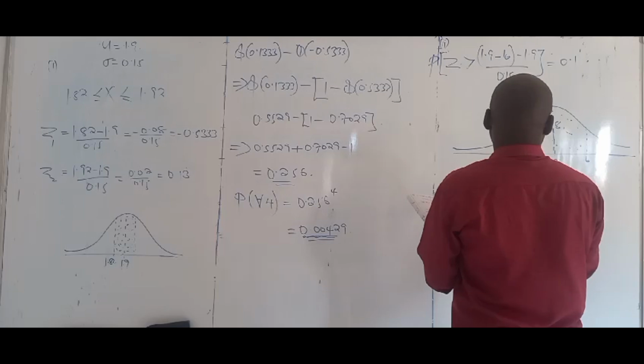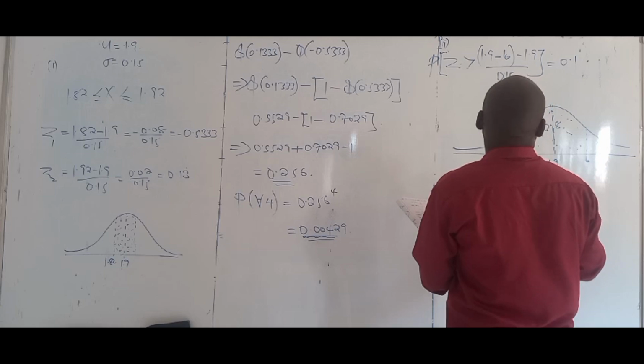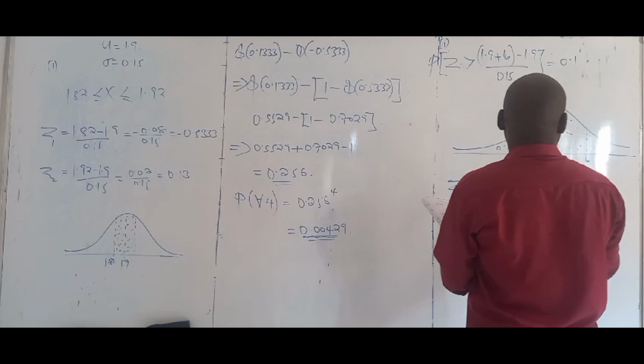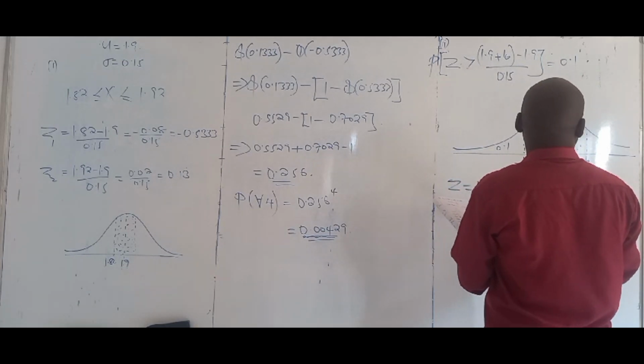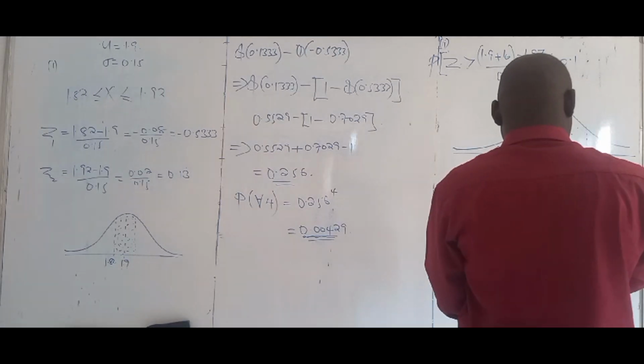So that's what you equate to 1.9 minus B, 1.9 plus B minus 1.9 over 0.15.